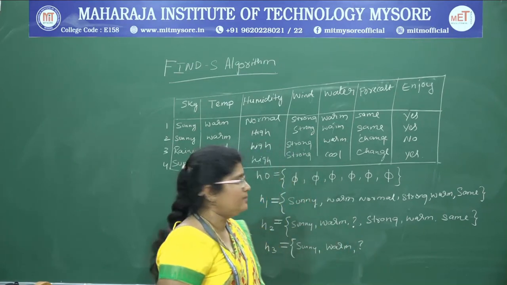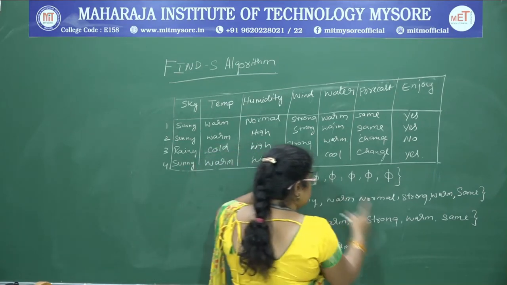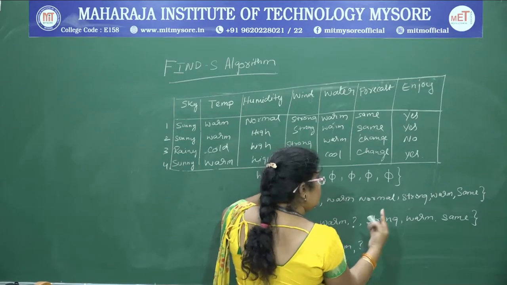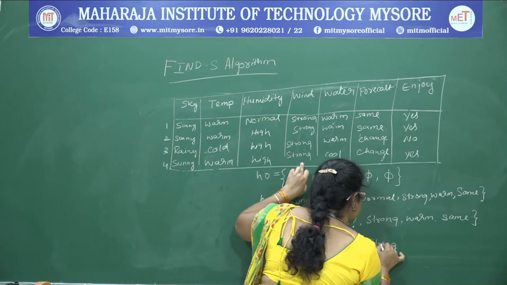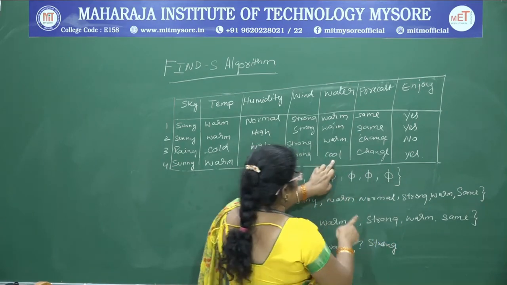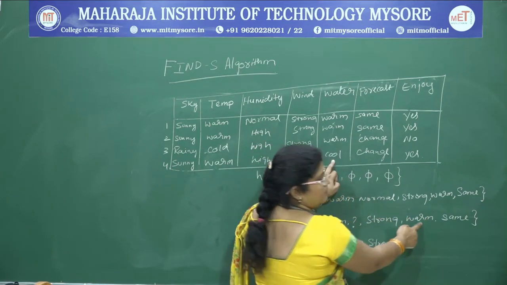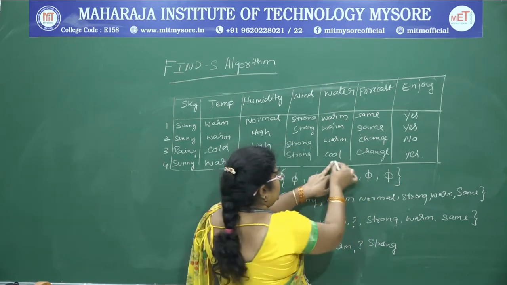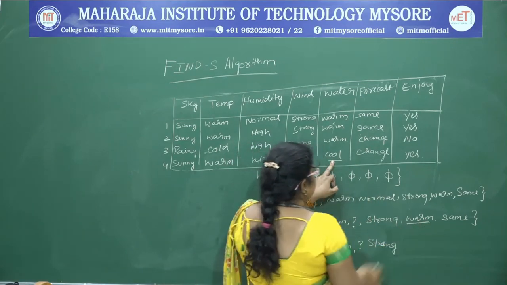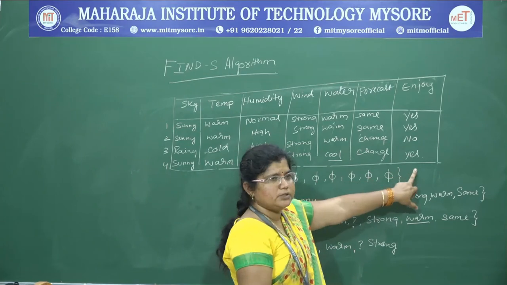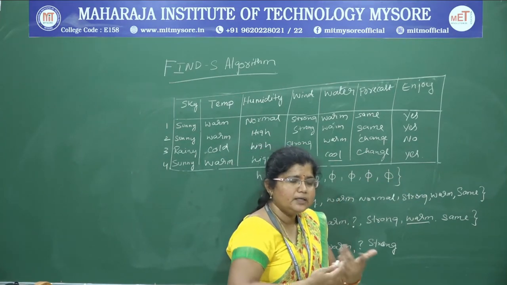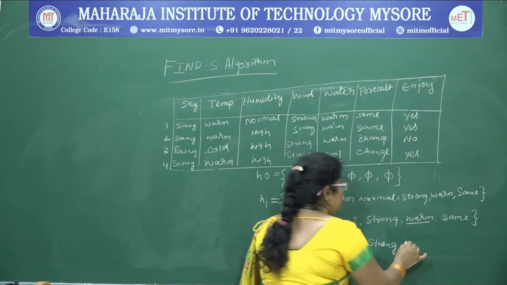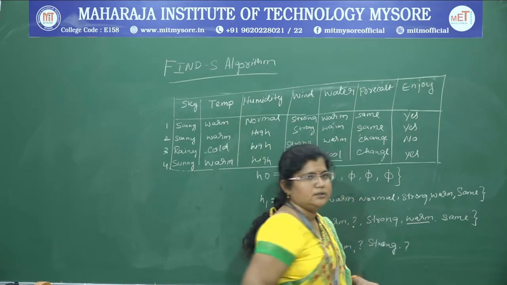The next is strong; of course strong will be retained as it is. Next cool and warm. You look at the difference: here it is cool, but here it is warm, but it comes under the positive training example. So both values are acceptable by the positive training example, so it will be replaced by a question mark.